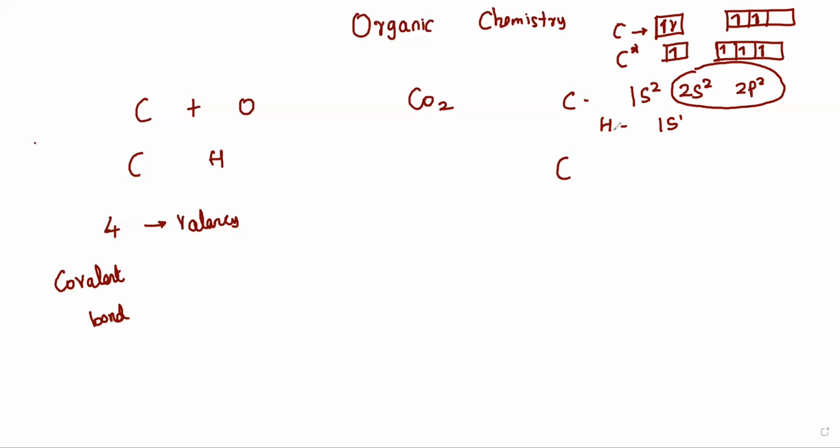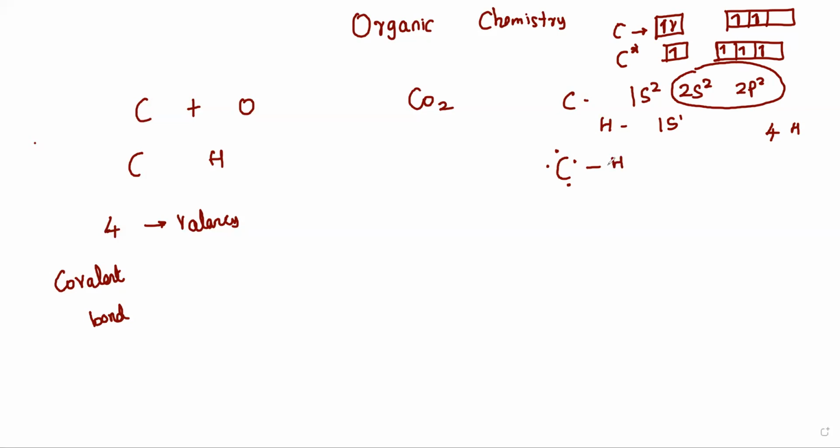One hydrogen is able to provide only 1 electron, so we need 4 hydrogens to join with carbon. Carbon has 4 electrons, so I just mark the electrons of carbon as dots. Carbon can share these electrons.